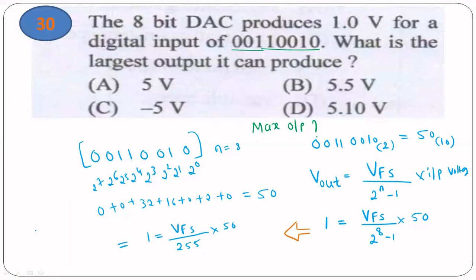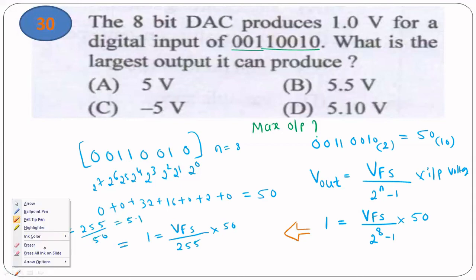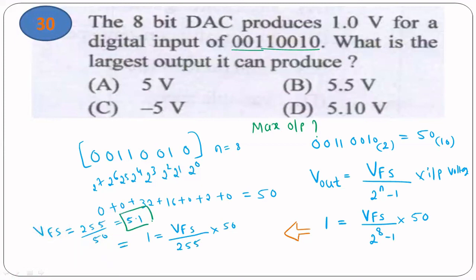So VFS, the maximum voltage, is 255 divided by 50, which is 5.1. Okay, so 5.1 is the answer for this question, which is option D.